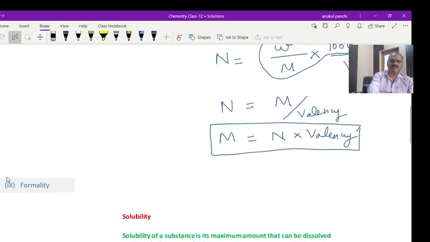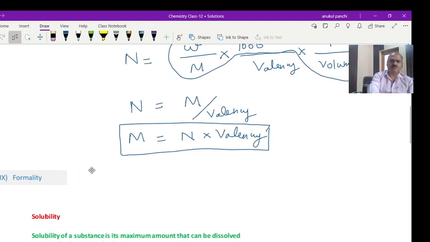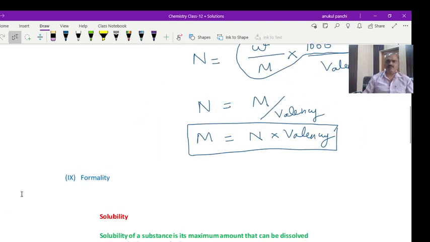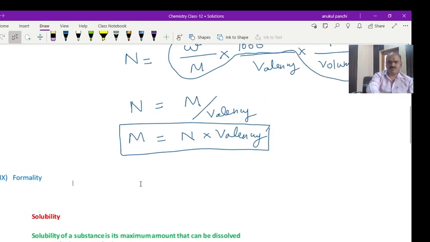Let us discuss this also. So what is formality? Actually, formality is not widely used because it has nothing more important. It is just a technical term. Formality is used first of all only for ionic solids.